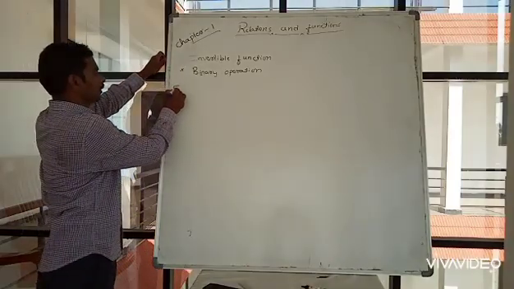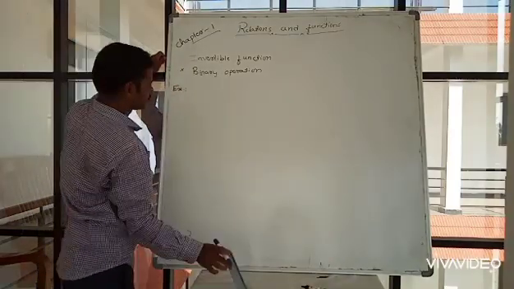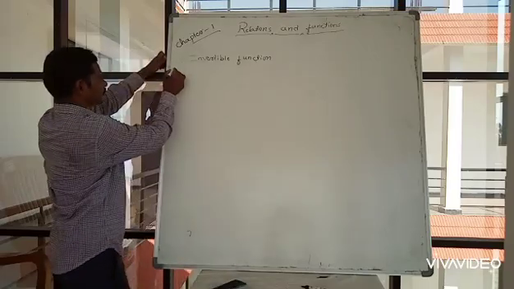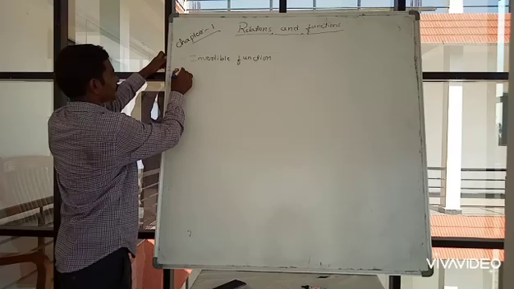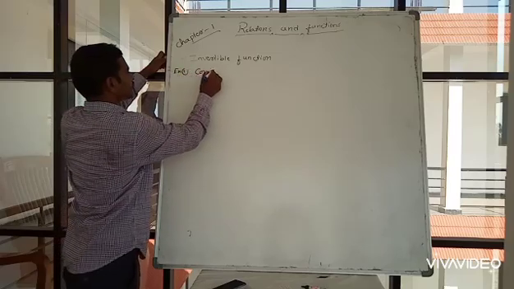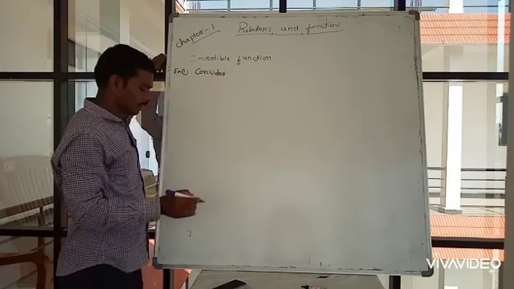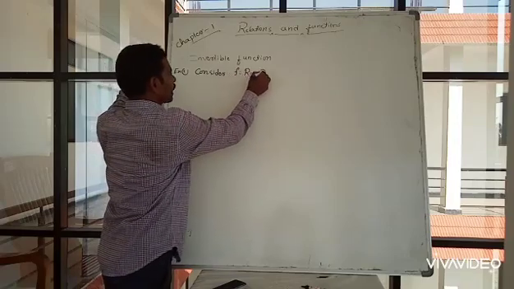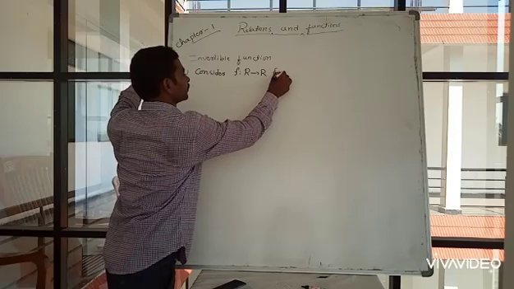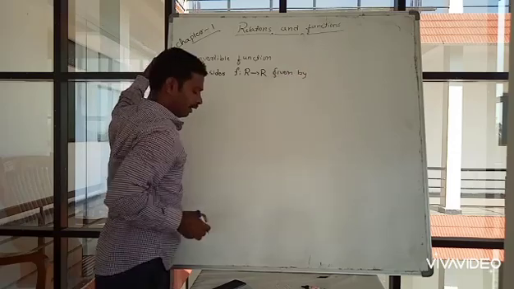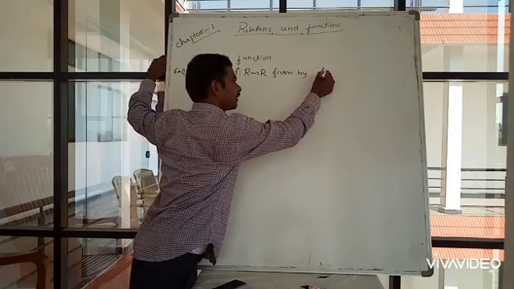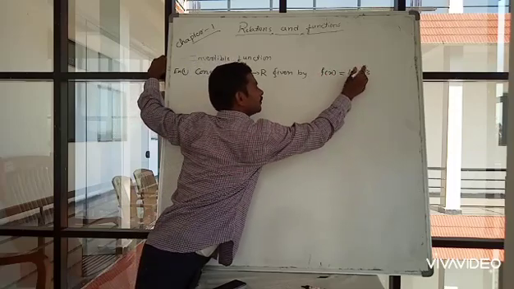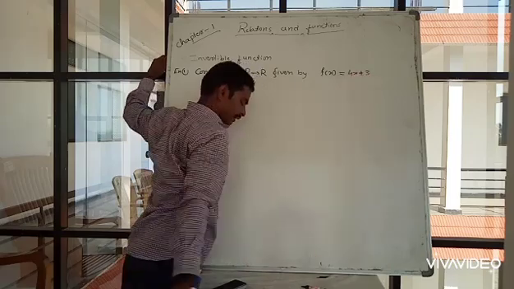Example: consider the function f from capital R to capital R given by f of x equals 4x plus 3.